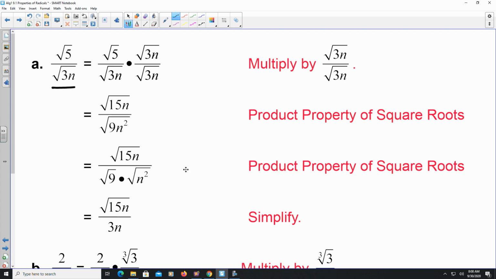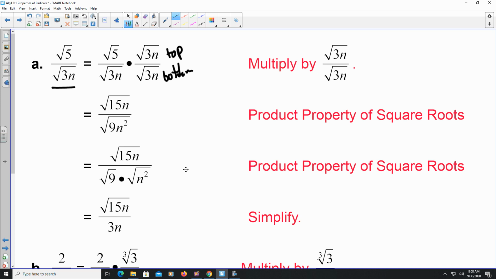Since I can't simplify and get rid of the radical, what we're going to do is this. Because it is a square root, we're going to multiply both the bottom and the top by the same number. Because in essence, you're multiplying it by 1, so I'm not changing the size of the problem or anything else. I'm just multiplying both the top and the bottom by the same number.